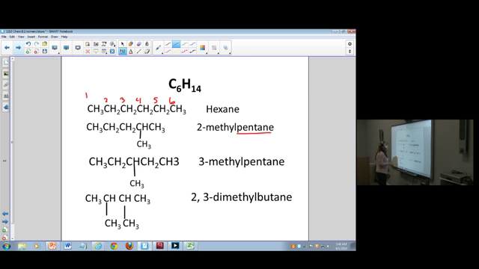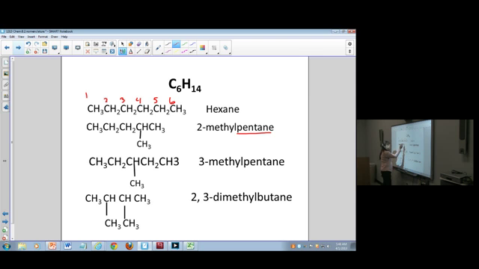And so I can make this a 2-methyl pentane. Now this looks like it might be 4-methyl pentane, right? I mean, if we number 1, 2, 3, 4, 5, that looks like it might be a 4-methyl. But remember, we always give it the lowest possible numbering.